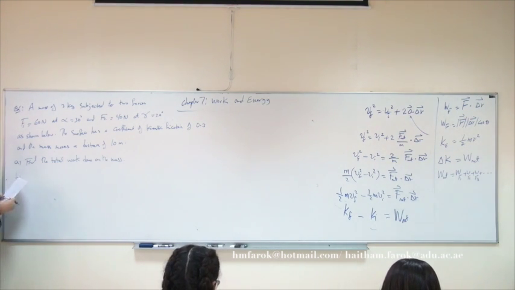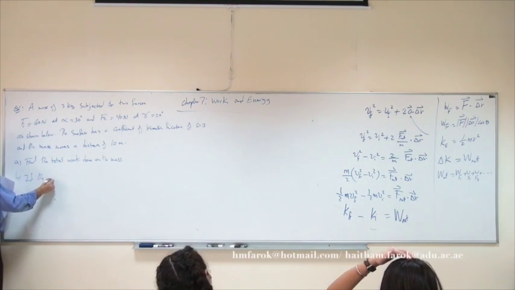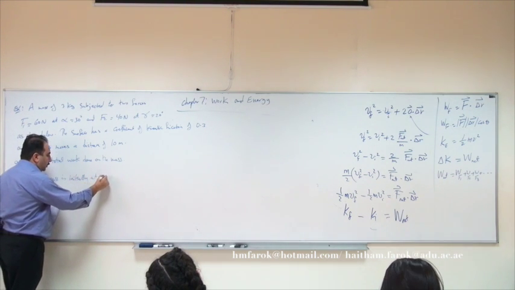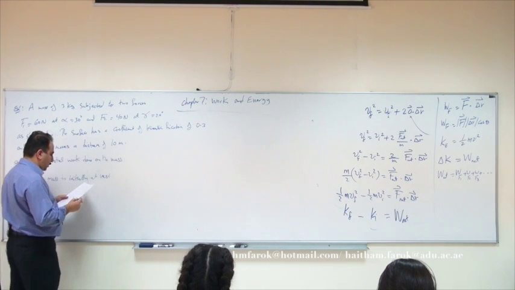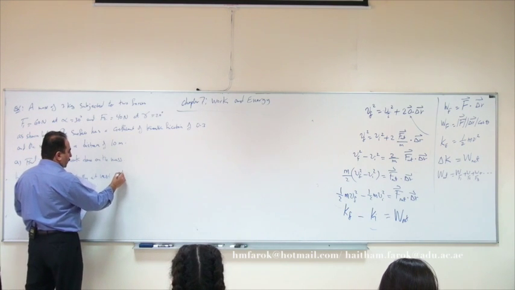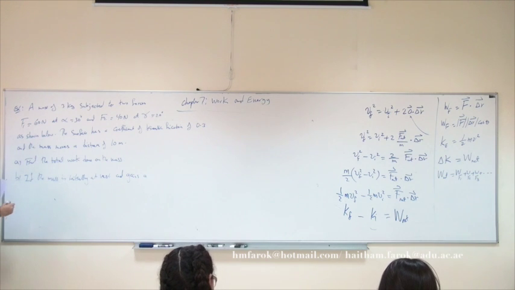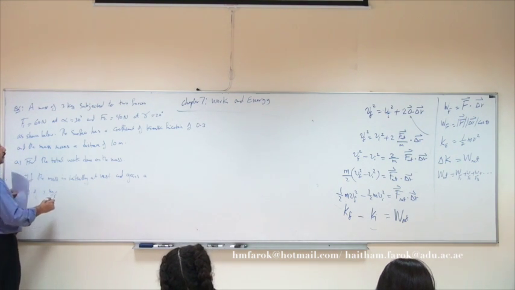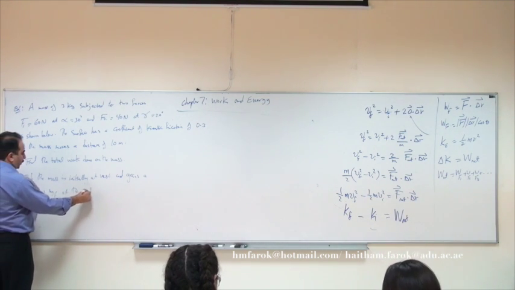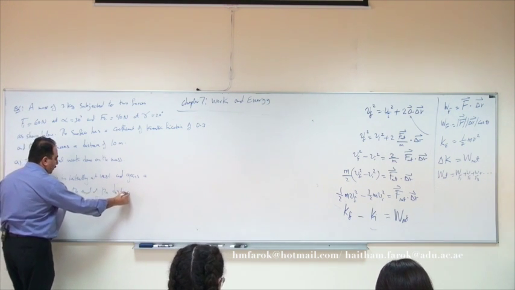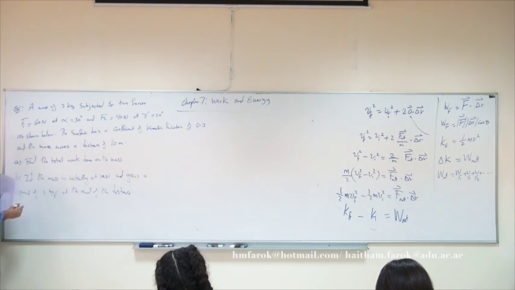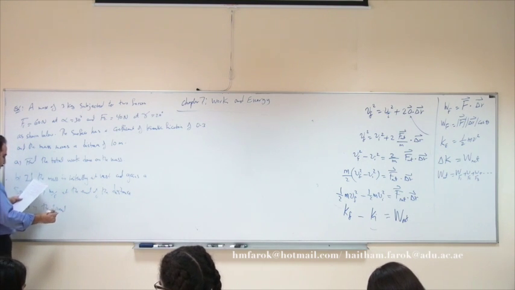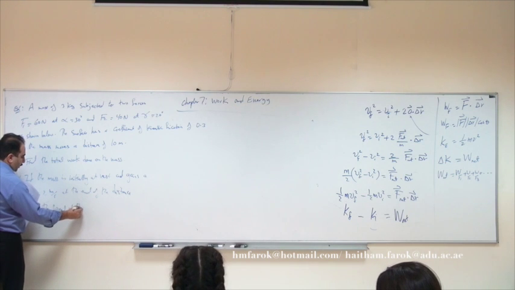B, if the mass is initially at rest and gains a speed of 2 meters per second at the end of the distance, what is the speed at the end?